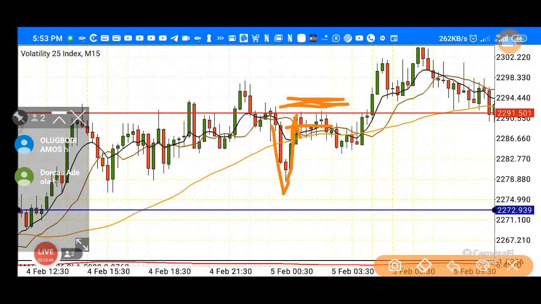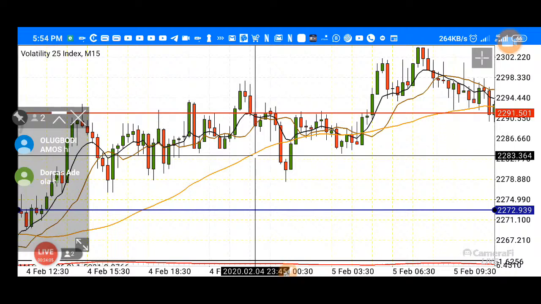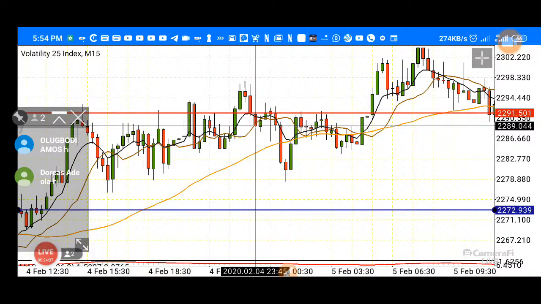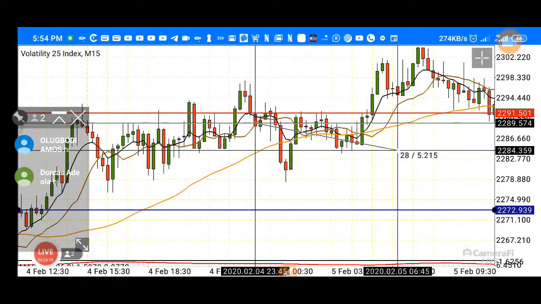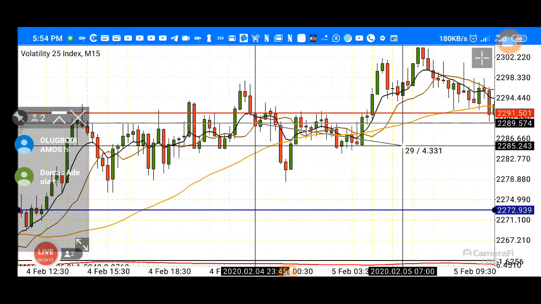There was a consolidation after your entry and it still came down to this level. So if you exited here, let's see how many pips you would have packed. You entered after this bounce and you exited here. That's 4 pips.